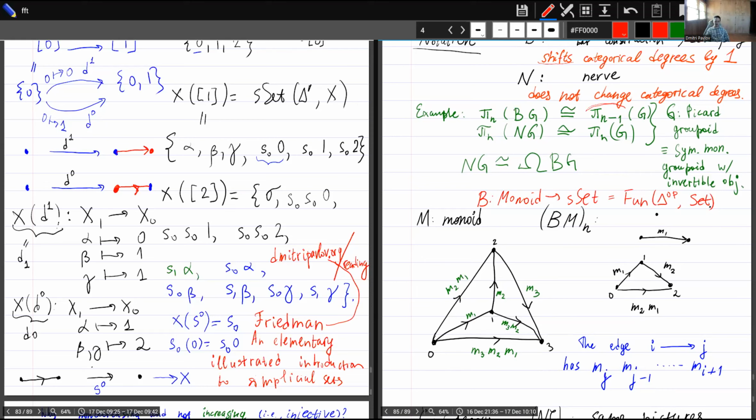Oh, let's have another vote. If you have seen the nerve construction or the D-looping construction before, could you please select the green check mark, and if you haven't, please select the red cross.